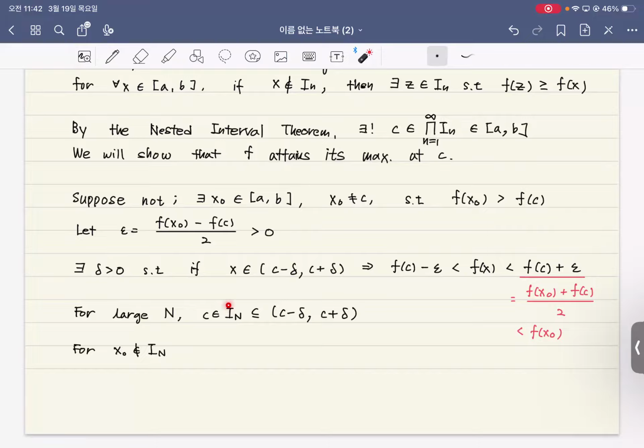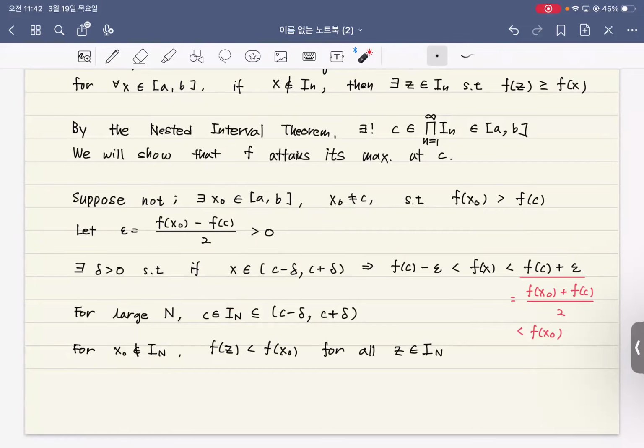Since we have chosen sufficiently small IN, since x0 and C are different, x0 is not in IN. Therefore, f of z is less than f of x0 for all z in IN.